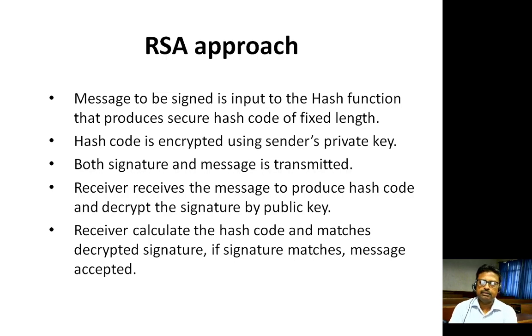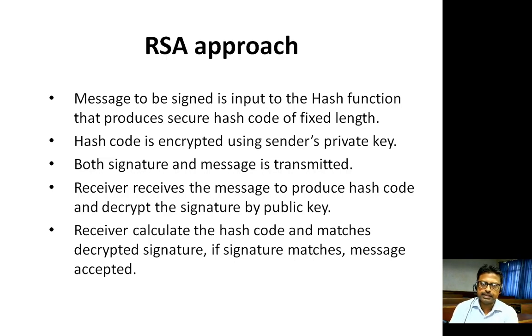So people came up with the idea that instead of signing the message itself, we find a limited-size representation of the message by applying a hash algorithm to produce a hash value, and that hash value is signed with the help of the signing algorithm.